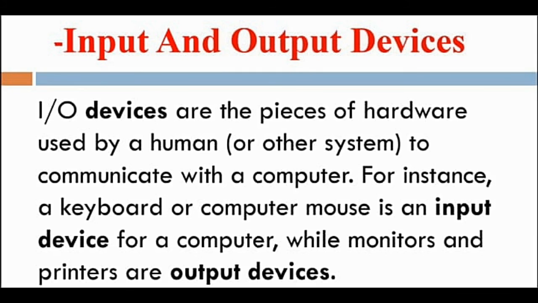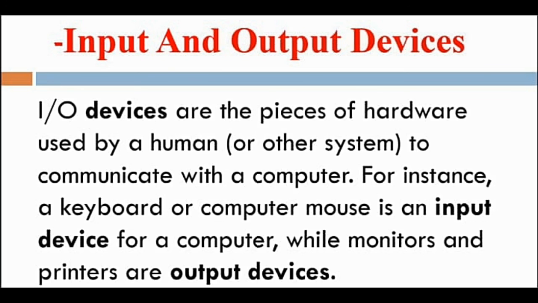Like input और output devices computer के आँख और कान जैसा काम करते हैं. Now, what are the functions of different input and output devices? They enter the data into the computer and they will give the output or the results of the computer.